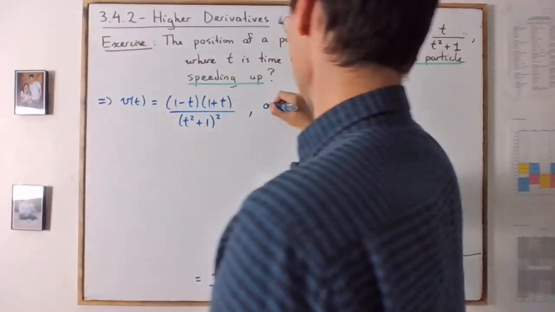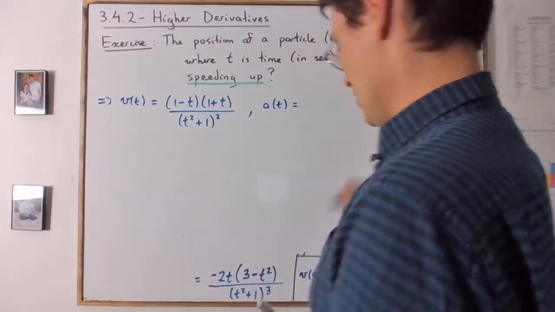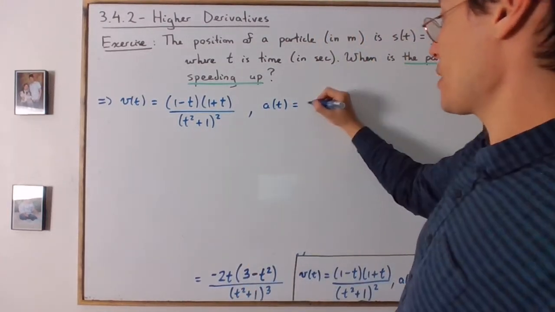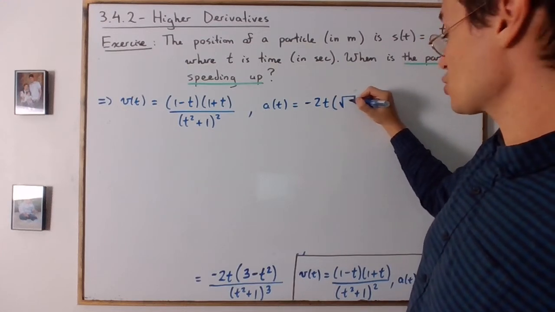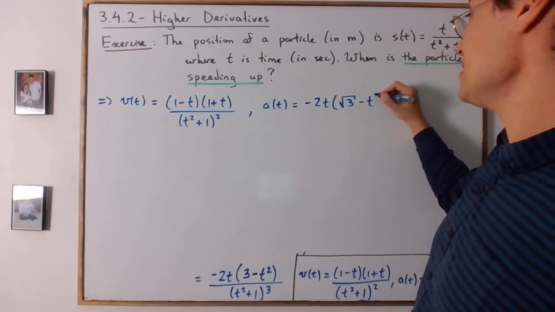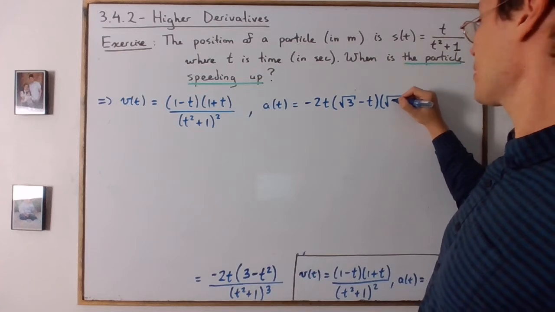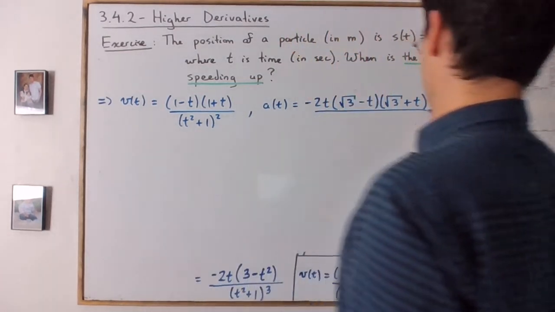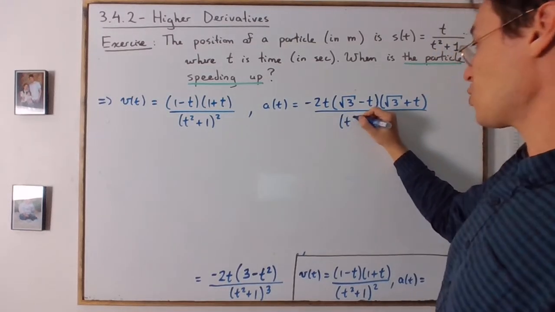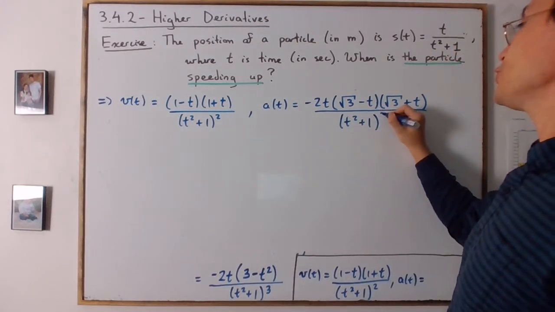And we found also that the acceleration, now we're going to factor this as a difference of squares as well. It's going to look weird, but bear with me. It's going to be the square root of 3 minus t times the square root of 3 plus t divided by t squared plus 1 cubed.